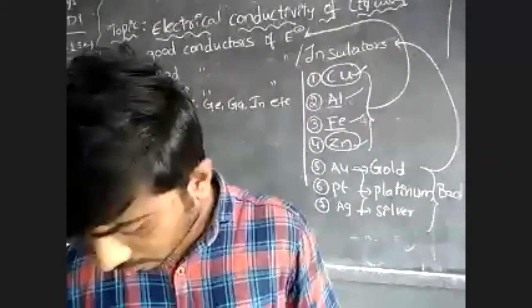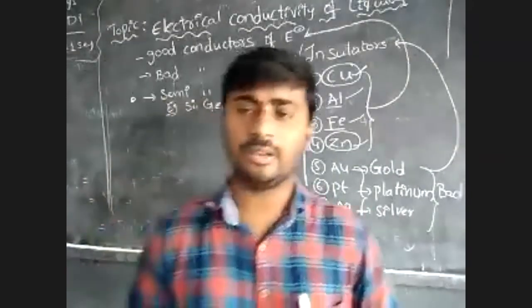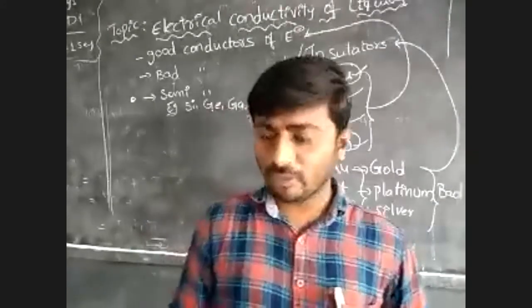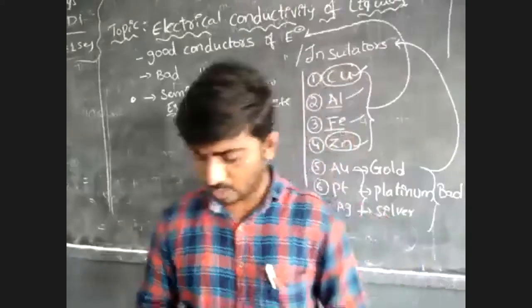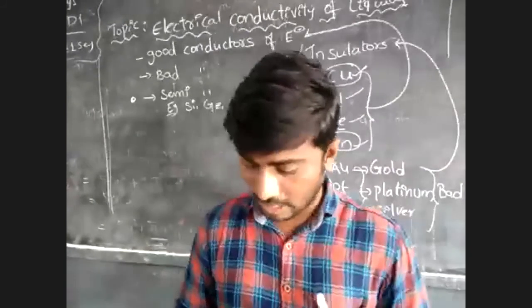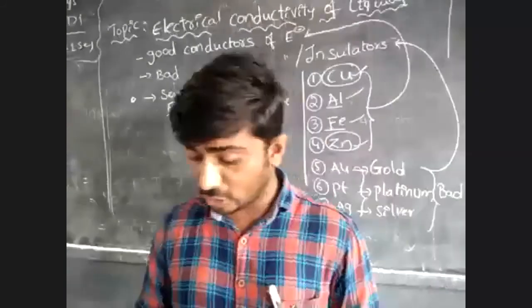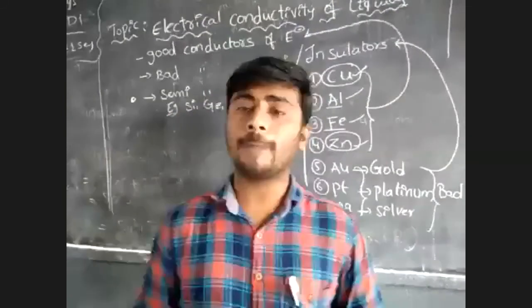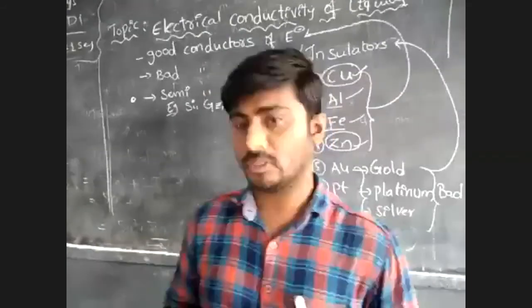So what is electrical conductivity? A definition is given in our textbook. I am reading it. Electrical conductivity is a property of any given material. We can say that a metal has good conductivity if it allows electric current to pass through it.